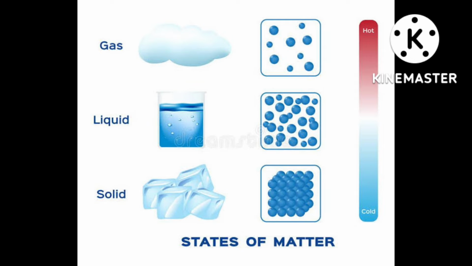The 6 inert gases, helium, neon, argon, krypton, xenon, radon, are monoatomic gases. They are gases, but they have only one atom.